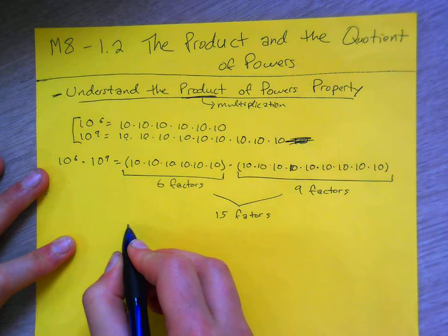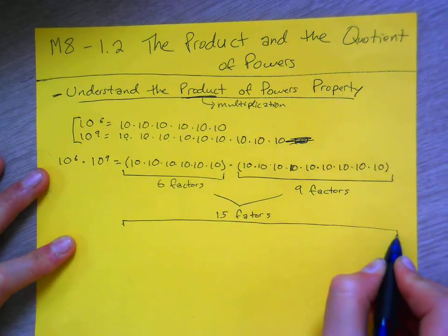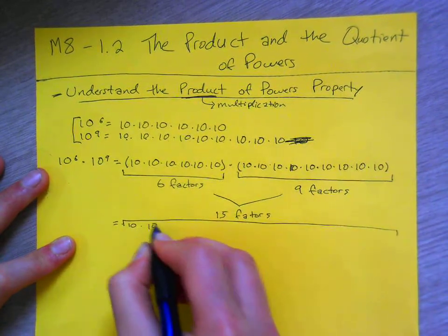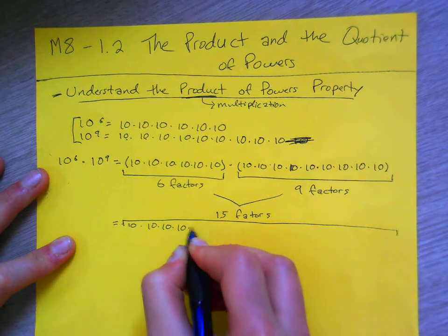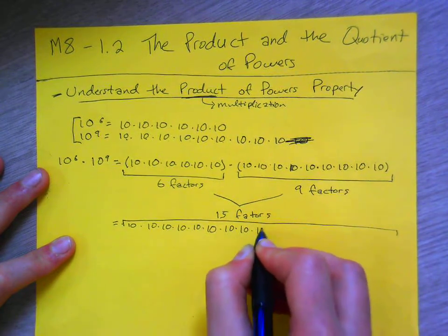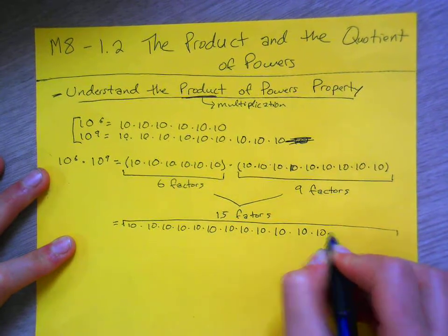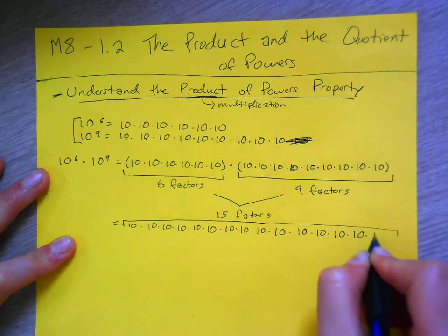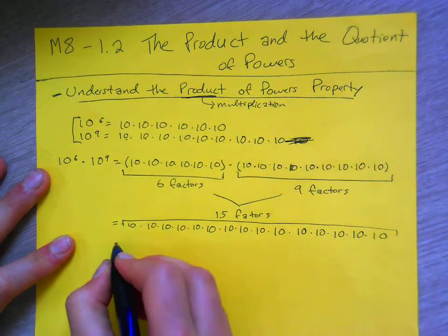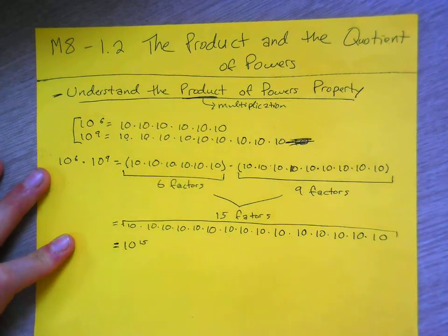So we want to write out an expression here with 15 factors that would be equivalent to what it is up here: 1, 2, 3, up to 15. 15 factors of 10. In total, this equals 10 to the power of 15, because 15 occurred twice.